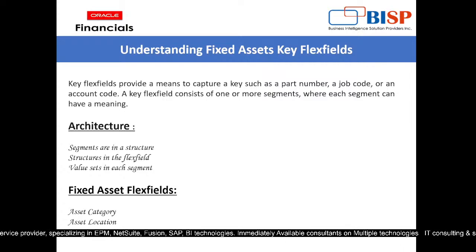The location flex field helps to group and track your asset by its physical location. An asset key flex field groups your asset by non-financial information. You design your asset key flex field to record the information you want. This is non-financial information.